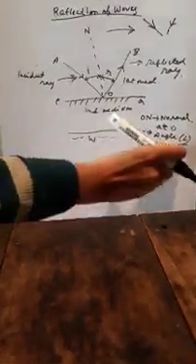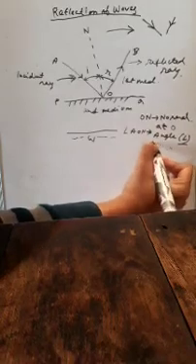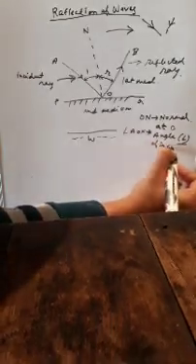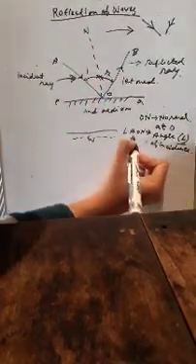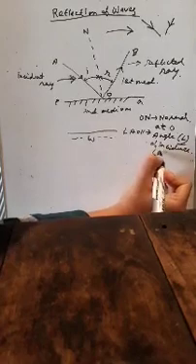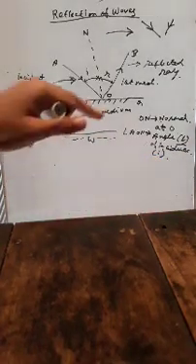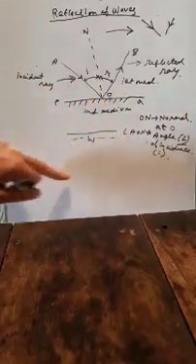So angle AON is your angle of incidence. This I have also marked as I. Similarly, what will be your angle of reflection?